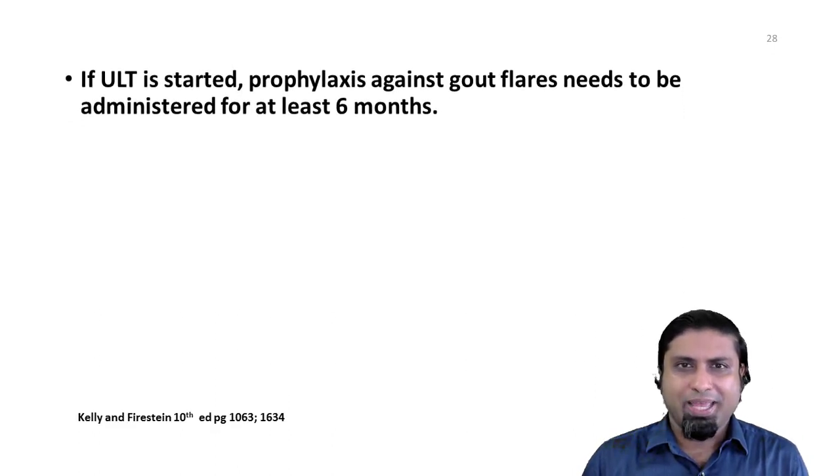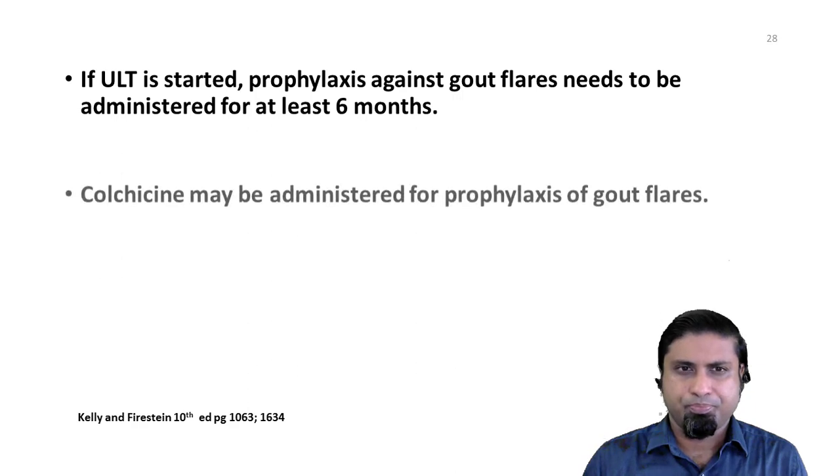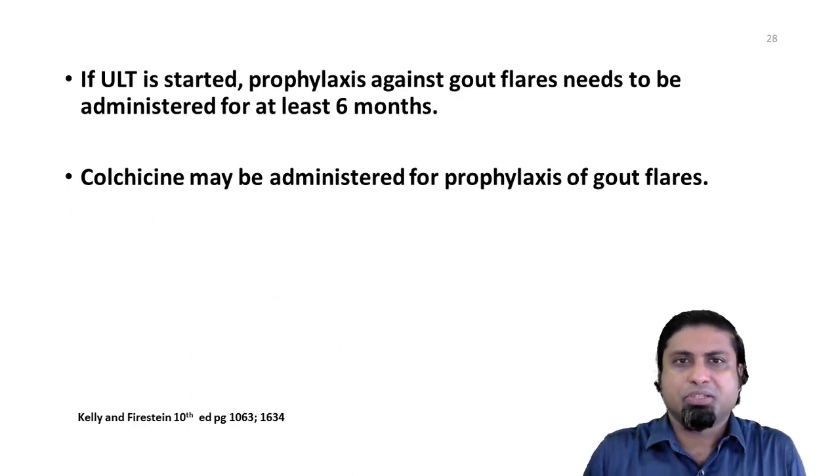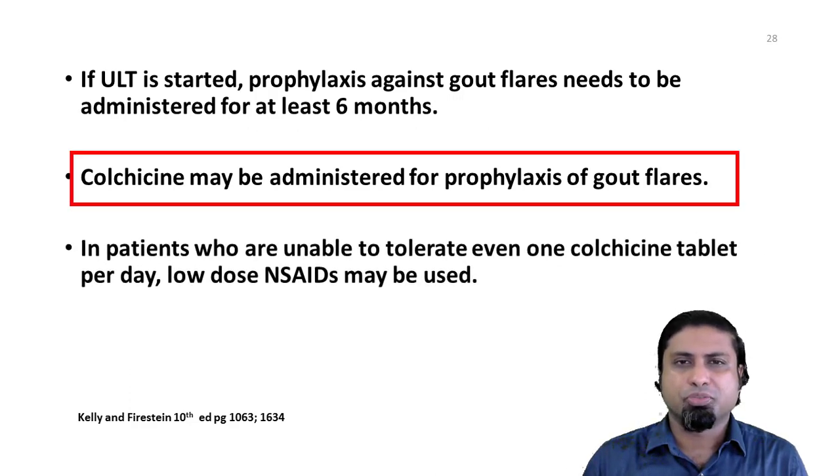This explains why prophylaxis against acute gout flares needs to be instituted during the first 6 months of urate-lowering therapy. The drug most commonly used for this purpose is again colchicine. If patients are unable to tolerate colchicine, non-steroidal anti-inflammatory drugs may be used for prophylaxis of gout flares.